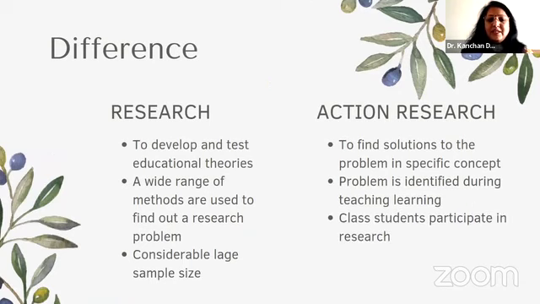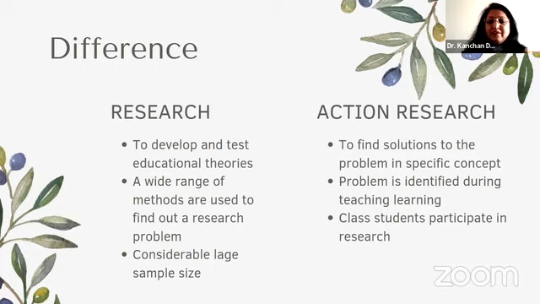As you can see on my screen, there are 3 points in both the sections, so I would like to elaborate them. The general research, when a research scholar for PhD work does, or a research institution will conduct any kind of research, this research is basically to develop and test the educational theories, when we talk about research in the education field particularly.